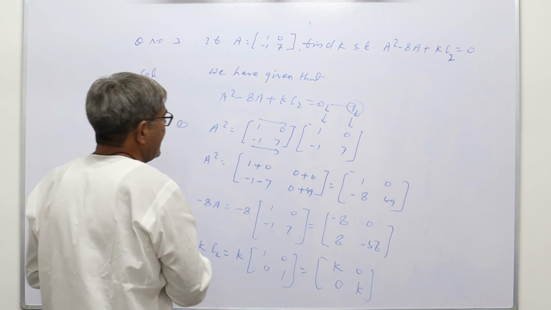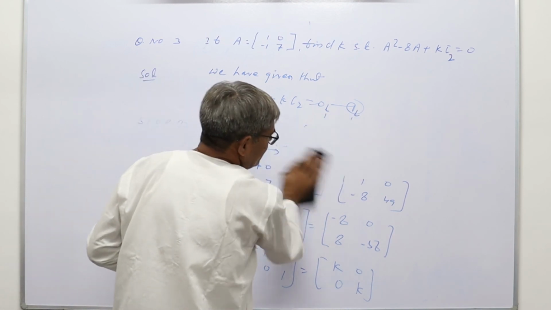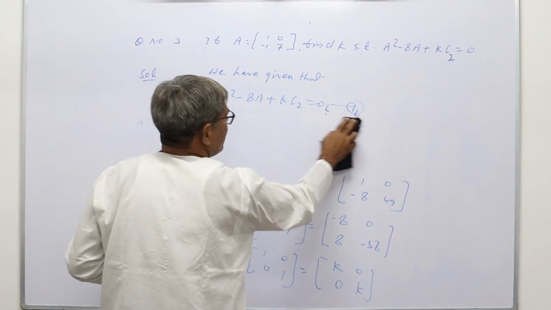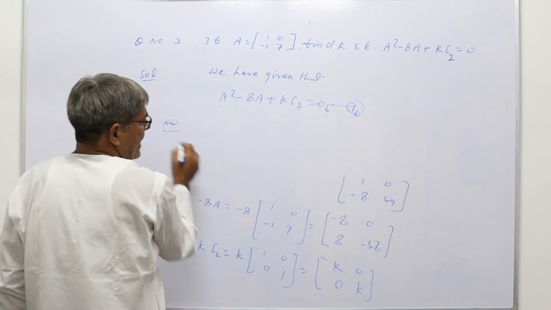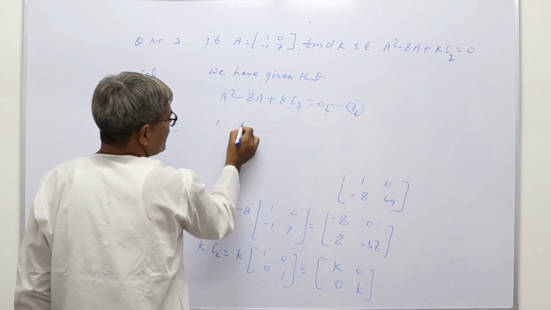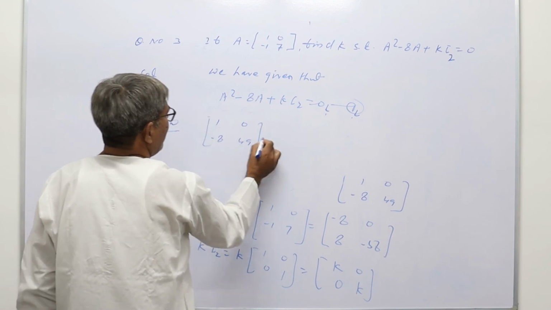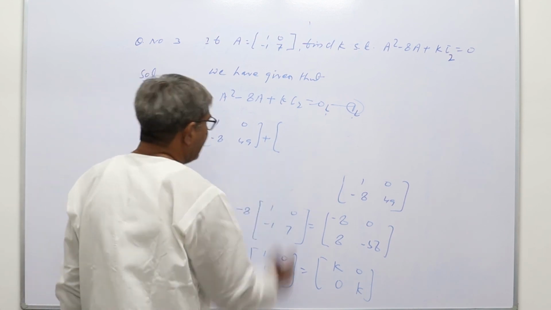So now substituting all the values, first A square is 1, 0, minus 8, 49 plus minus 8A. What is minus 8A?